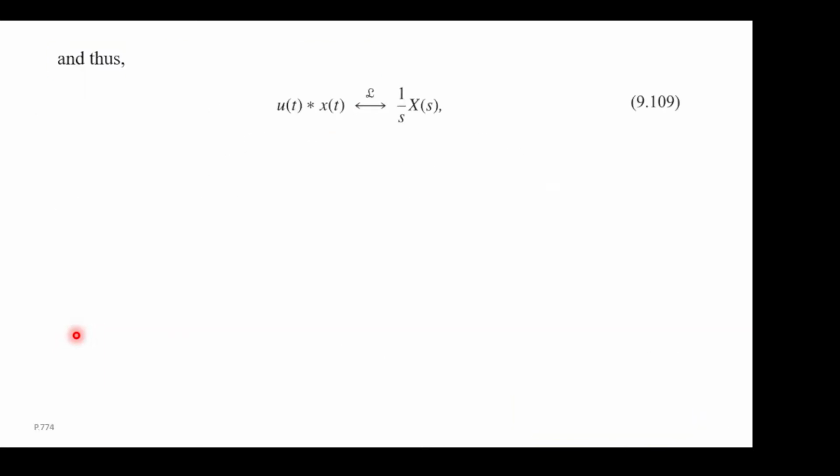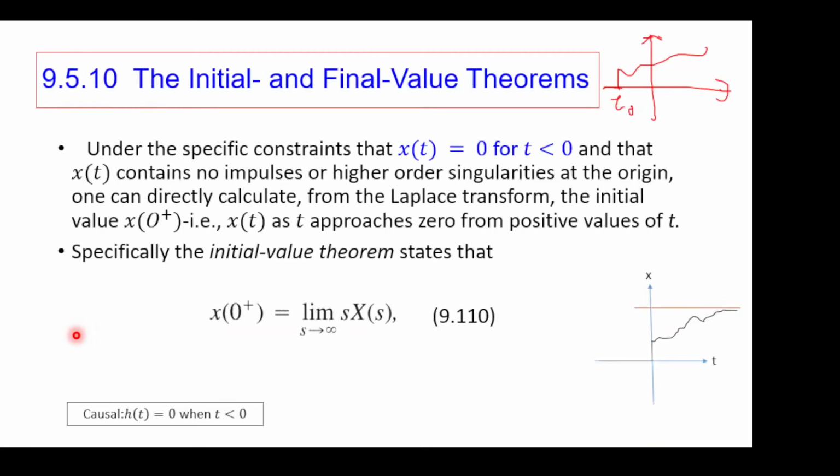Okay, then let's see something new. We have some new theorems we never had before, and they are a bit weird, but they are actually quite useful: the initial and the final value theorem. I guess it's easier to see the picture.